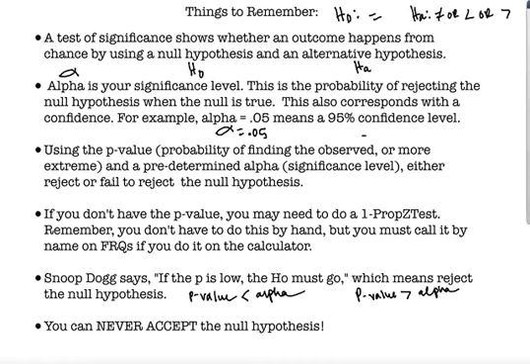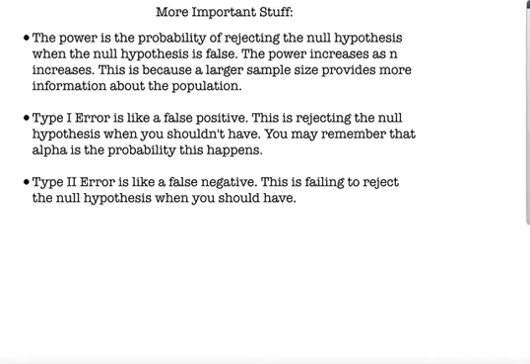Other important things that we're going to talk about is the power. So the power is the probability of rejecting the null hypothesis when the null hypothesis is false. So this would be saying that we are going to go with the alternative hypothesis, and that's a good call because our null hypothesis is something that is not true.